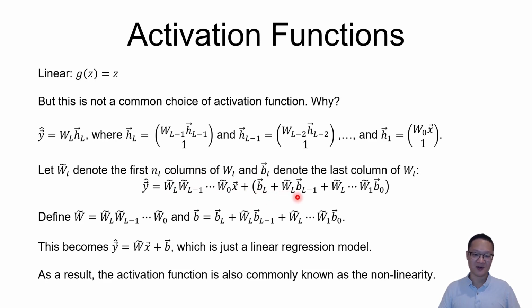These don't really interact with x, and they will add up into some overall vector. We still lose the point of having all these layers because all these vectors can be collapsed down into a single vector. In the end, we just get back y hat equals wx plus b. So not non-linear, basically. Hopefully you can follow that.